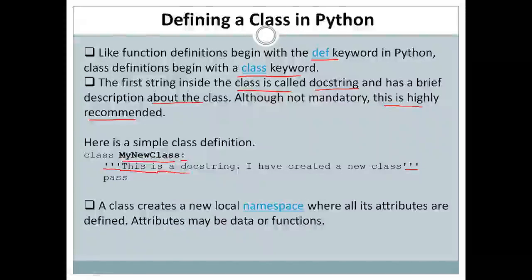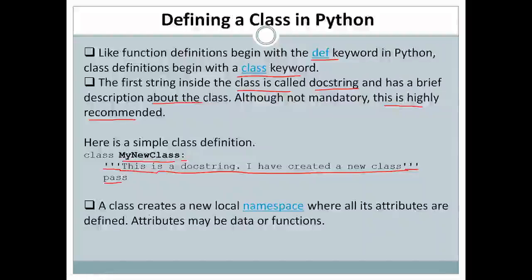The docstring simply gives information about the class. And we have one keyword defined in the class, that is pass. When you do not have any statement in the class, you can simply use the pass keyword. Later on we will study what this pass keyword is. So this is how a class can be defined in Python.